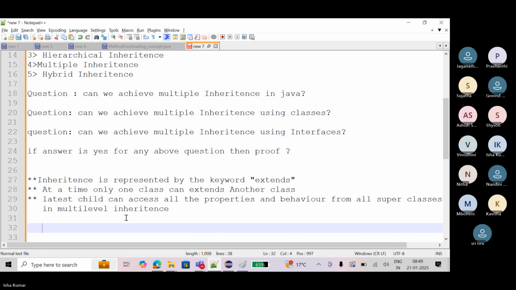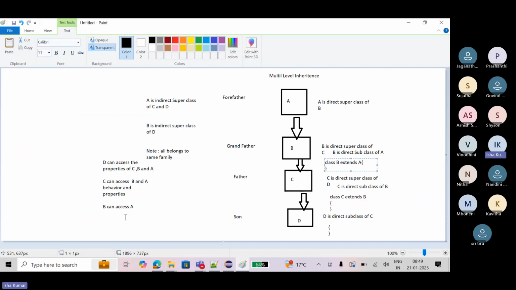Now, my question is, how many objects can be created for these classes? There are 4 classes in our program: A class, B class, C class, D class.